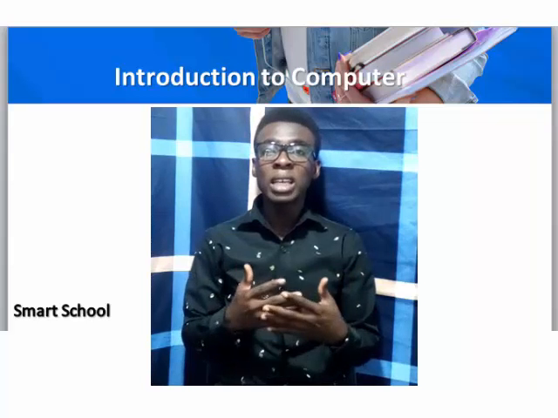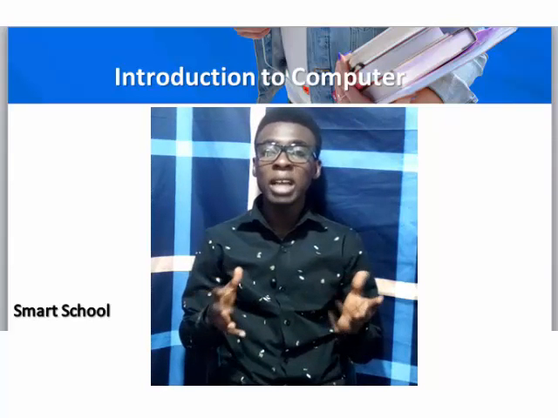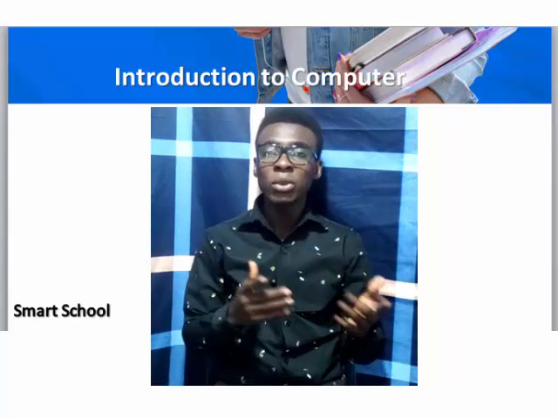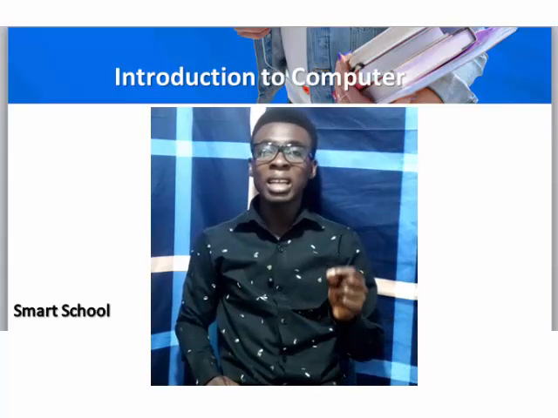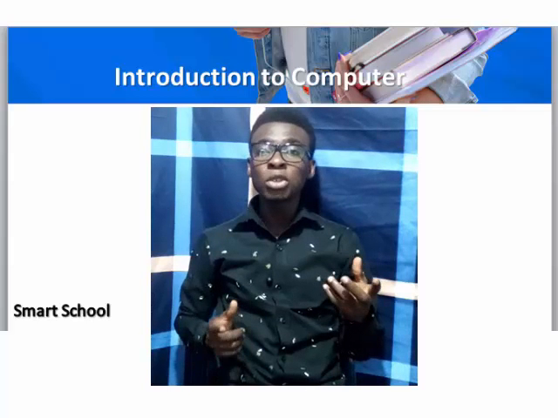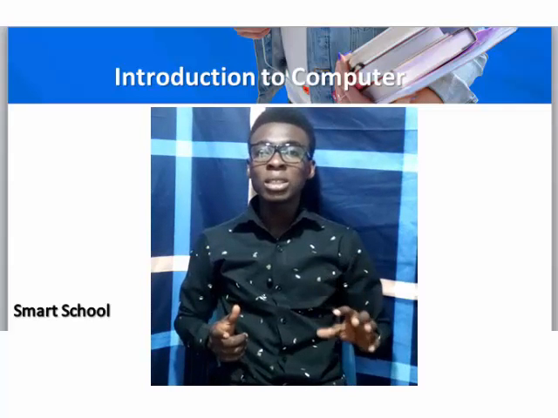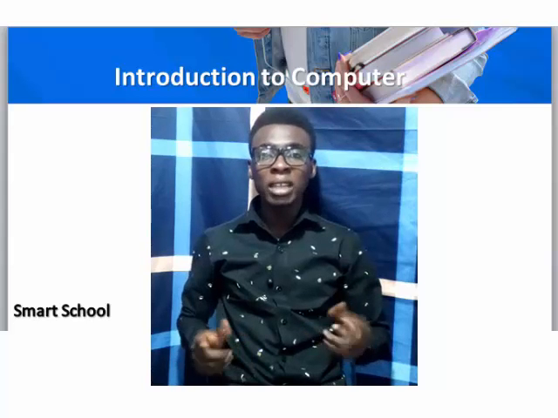What do we mean when we say the computer is an electronic device? Why don't we say the computer is something else? So we want to understand the meaning of electronic device.